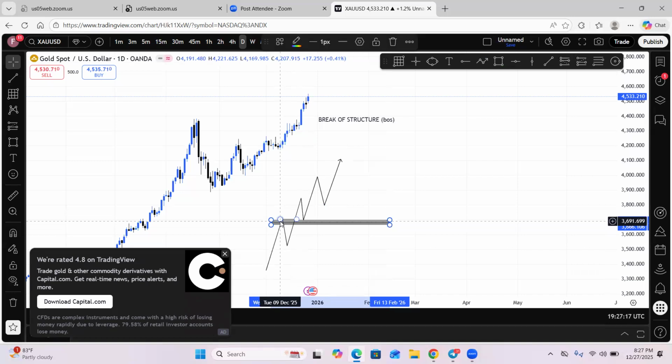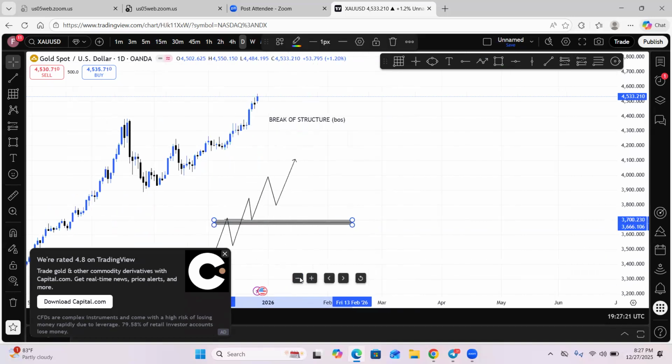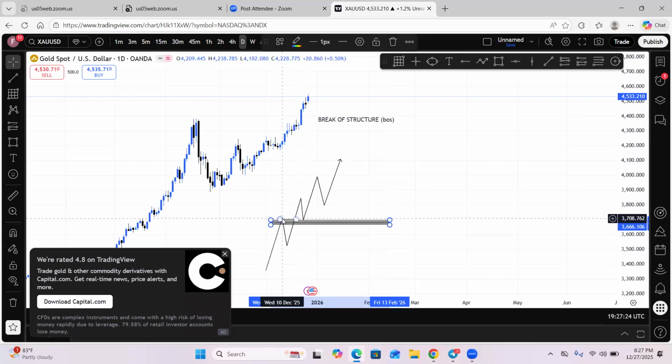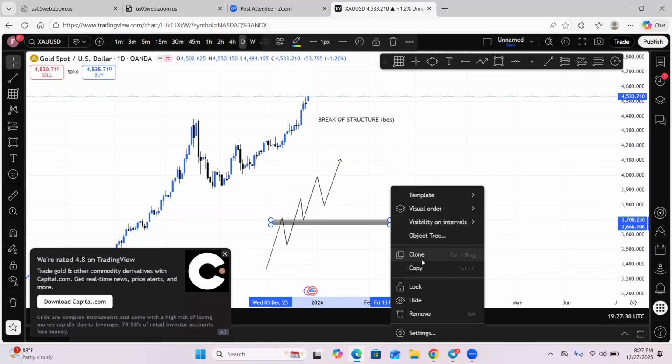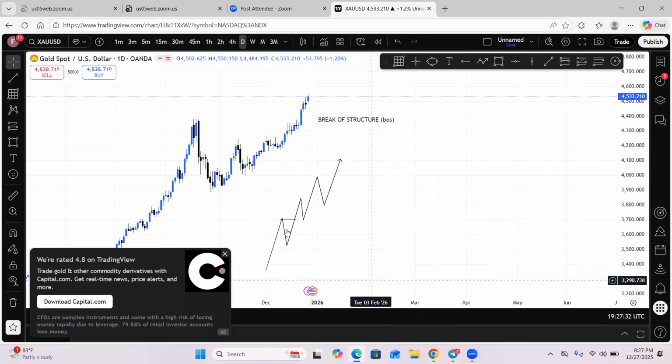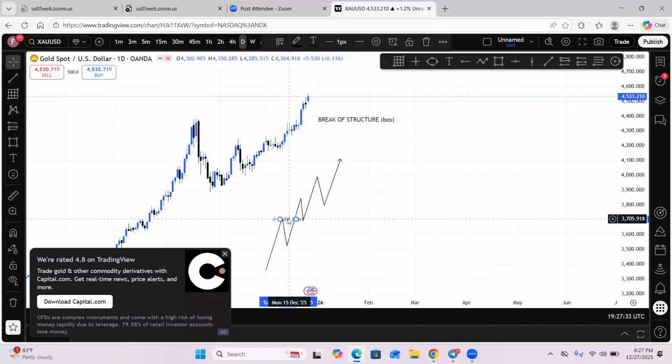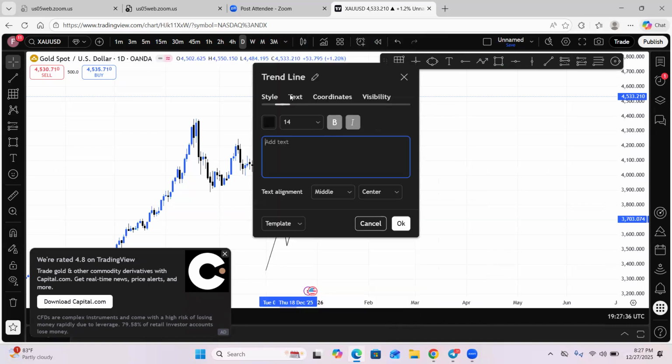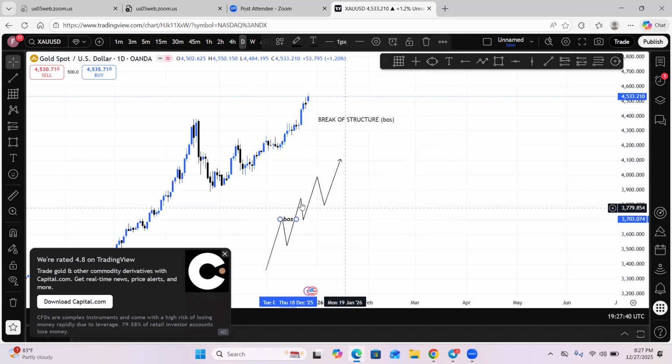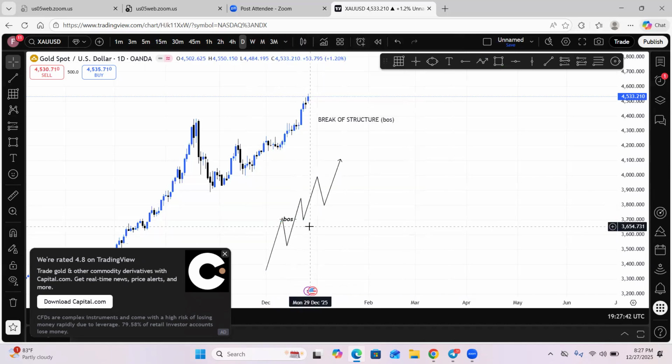This is a key level where we expect that if the market taps here, it will just drop. But the market came to this level and cleared it, moving to the upside and giving us a break of structure. You write it out as BOS.